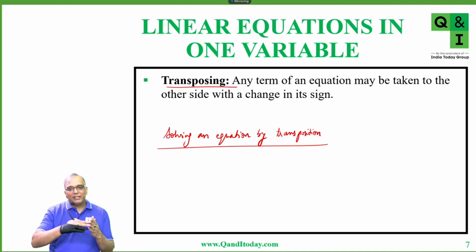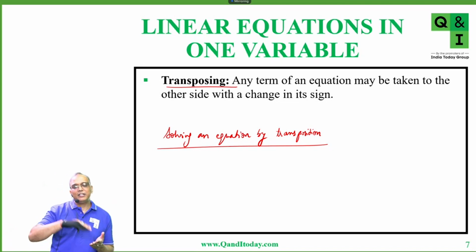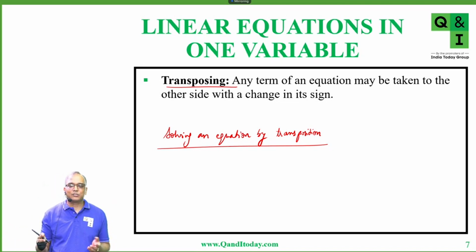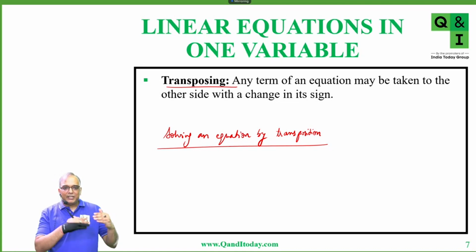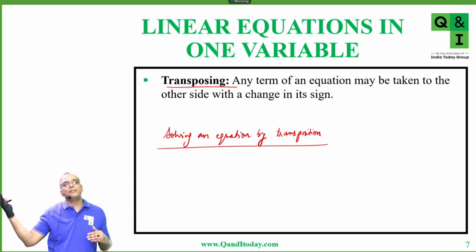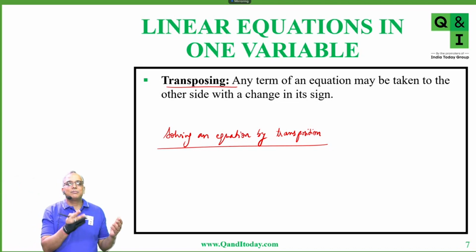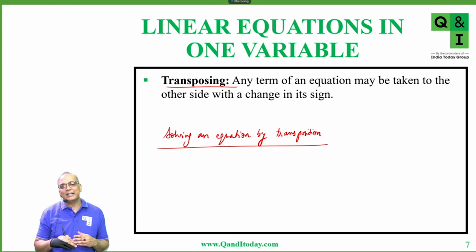So addition when it goes to the other side of the equation becomes subtraction. Subtraction when it goes to the other side will become addition. So plus will become minus, minus will become plus. If something is divided, when it goes on the other side, it will get multiplied. If something is multiplied, when it goes to the other side, it gets divided.